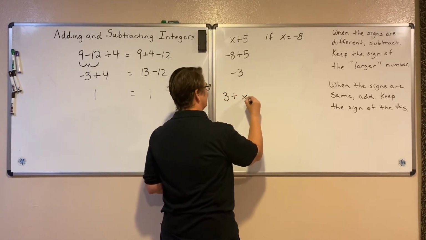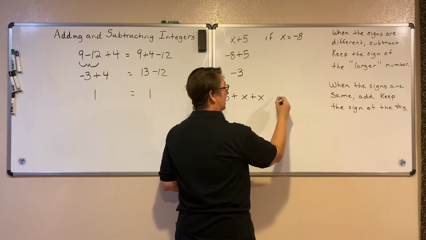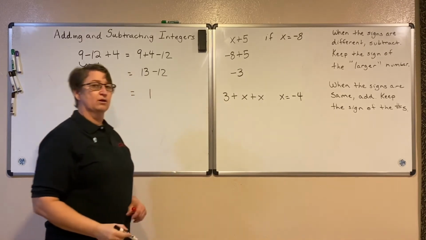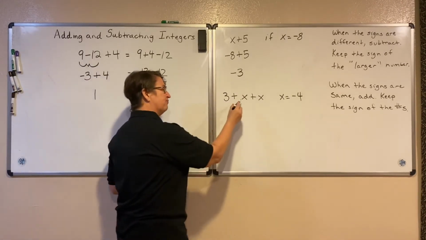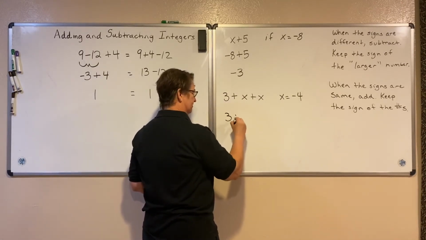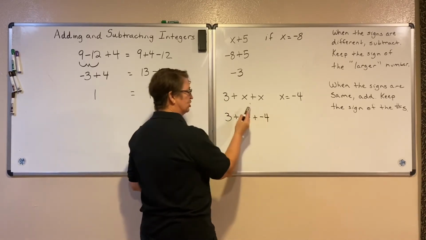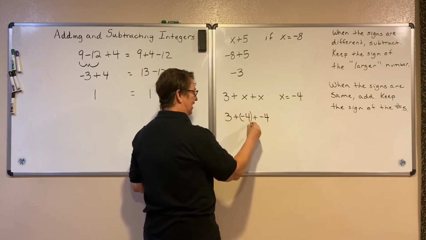What if I have 3 plus x and x equals -4? I'm going to put in -4 everywhere I see an x. So I just replaced my x's with that -4.